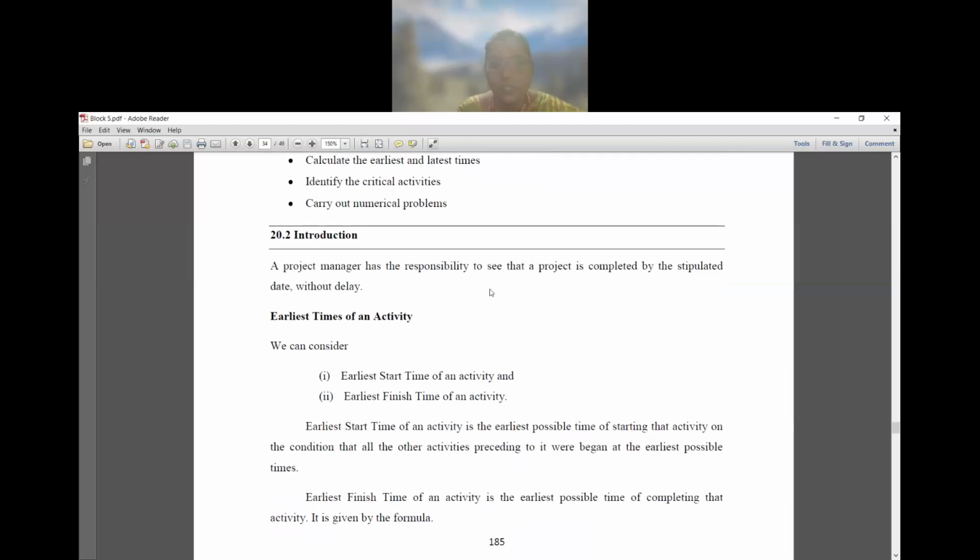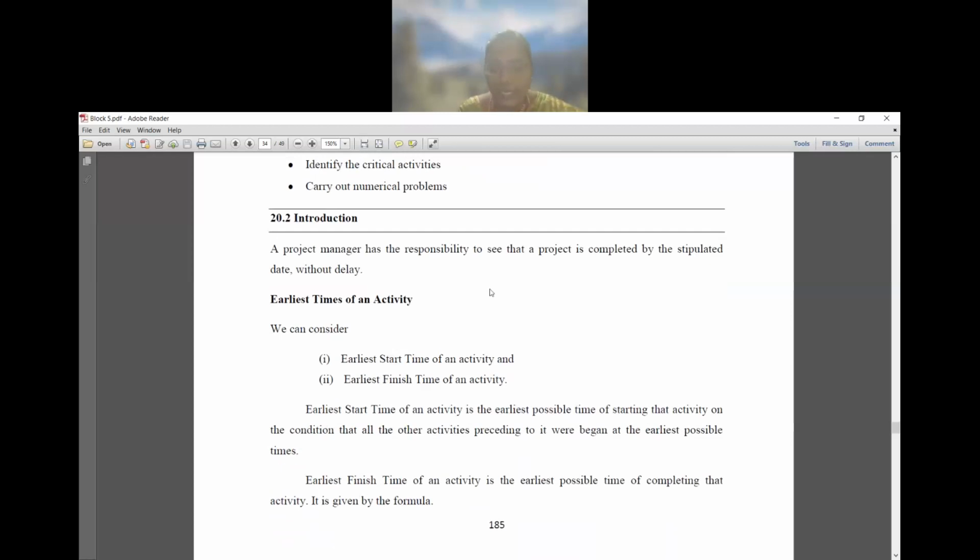The earliest start time of an activity is the earliest possible time of starting that activity on the condition that all the other activities preceding it began at the earliest possible times. The earliest finish time of an activity is the earliest possible time of completing that activity.